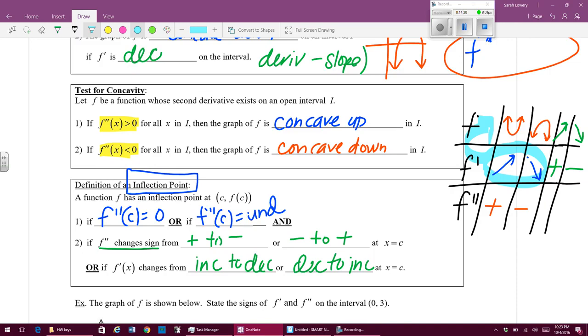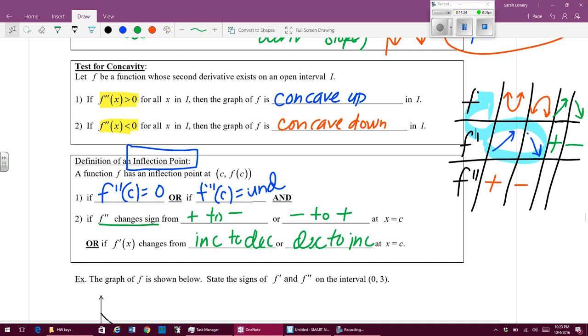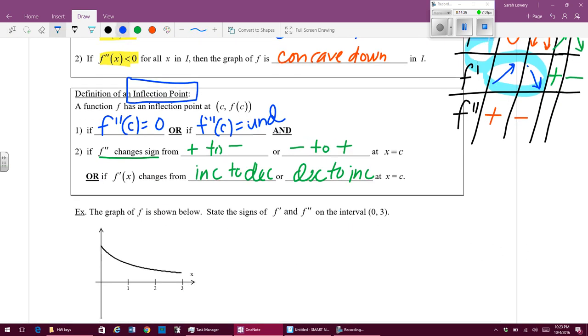So what does a point of inflection actually look like? On my graph, a point of inflection is something like this, where I am going to switch the bend or shape of the graph.